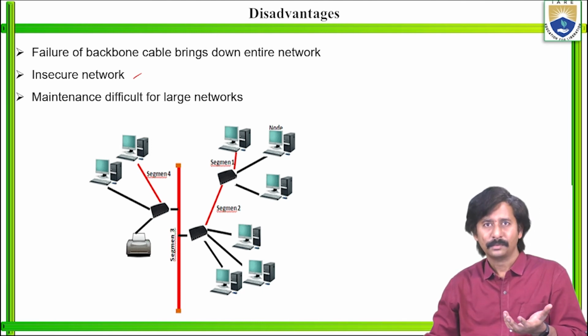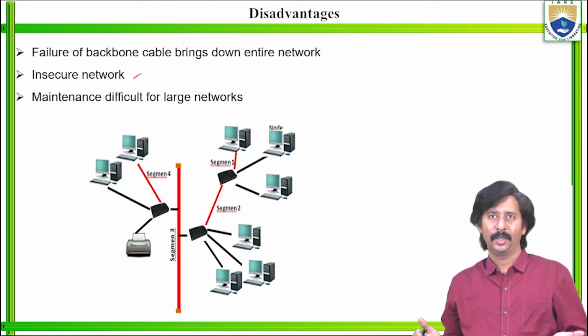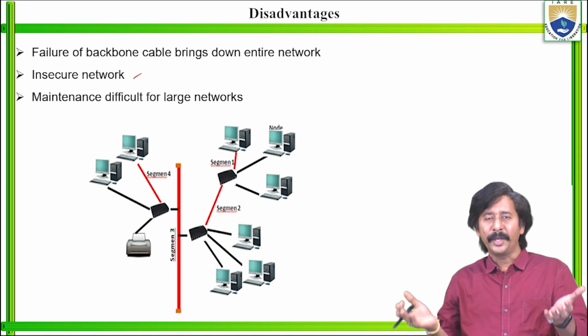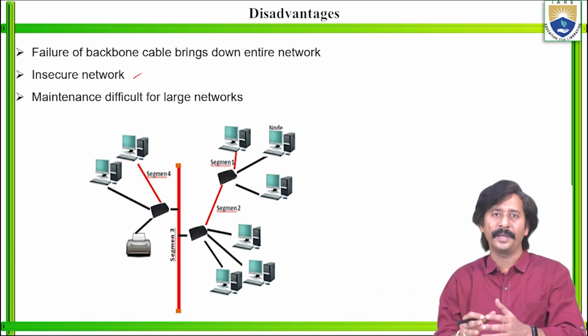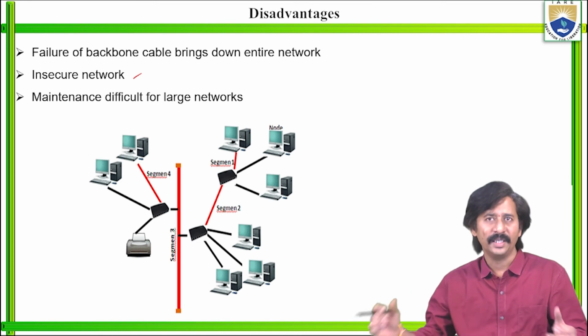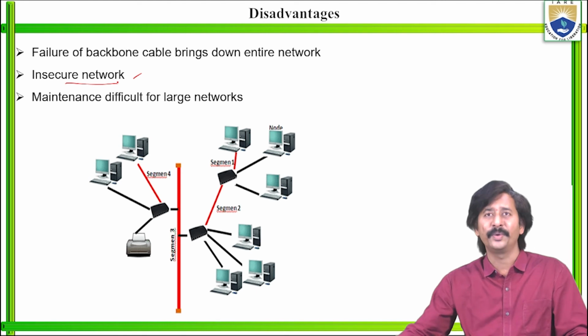Because this is a topology which executes various applications with the help of various nodes communicating in both the bus as well as the star topology. So that's why we can call it an insecure network.